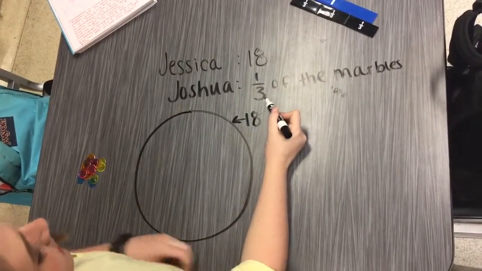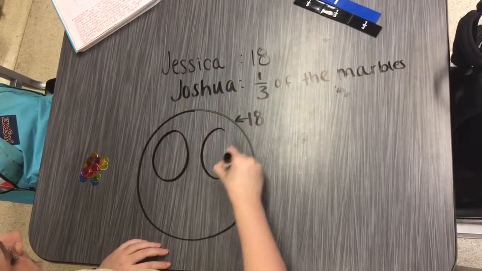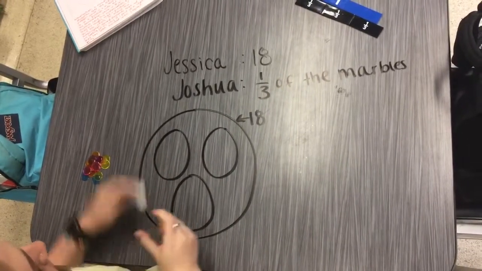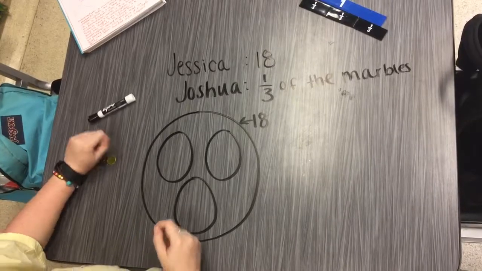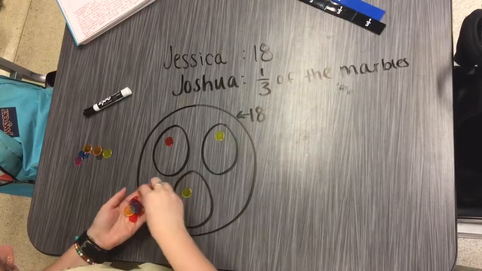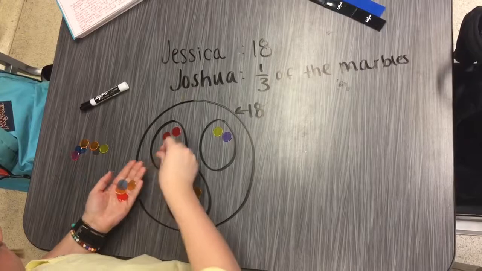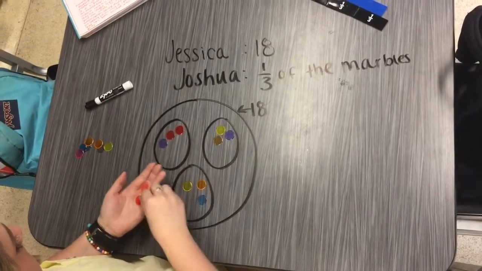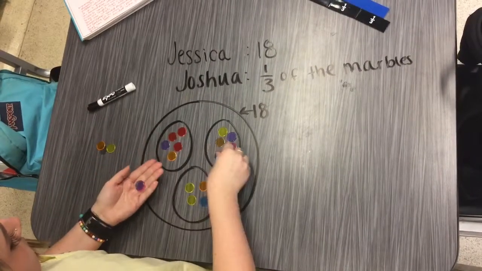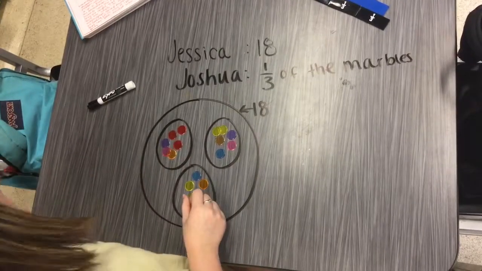We know that when we're dealing with 1/3, we can divide our whole into 3 equal parts. So if we have 3 equal parts, and we need to take 18 and divide it equally among 3, we can place our counters into these 3 equal circles. 6, 7, 8, 9, 10, 11, 12, 13, 14, 15, 16, 17, 18.